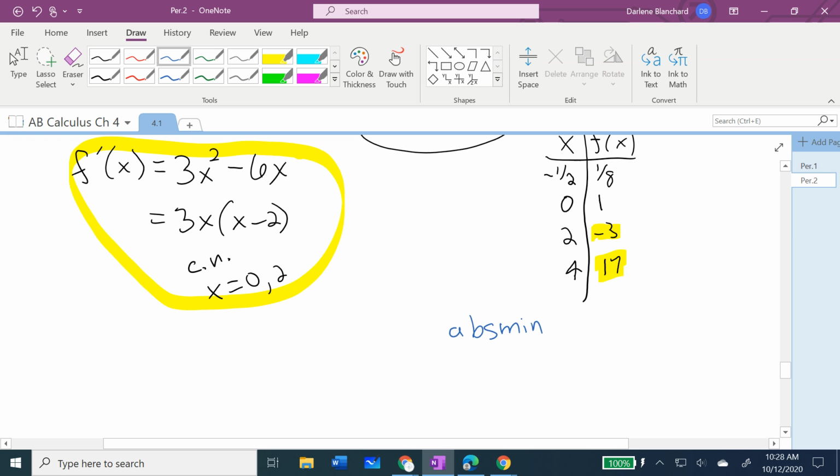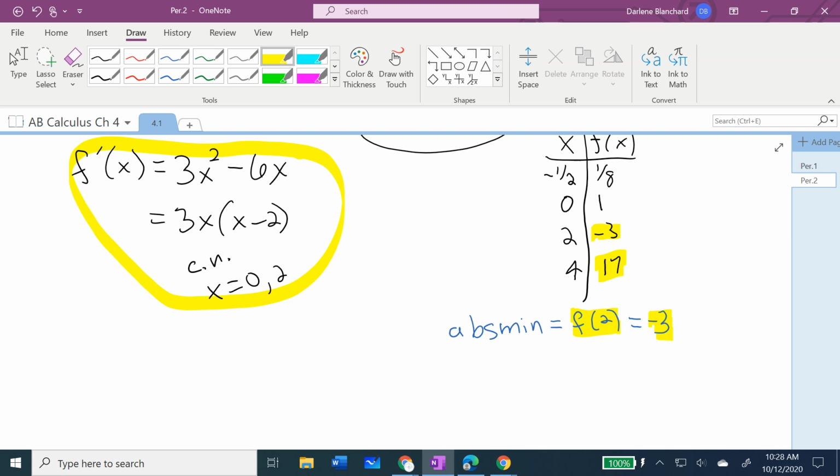Now, it is okay if you say that the absolute minimum is equal to f of 2, which is equal to -3. Because when I say f of 2, that's referring to a y value. But if you know the actual number, you need to say it. I'm pointing this out because your textbook is going to write all of its answers this way.